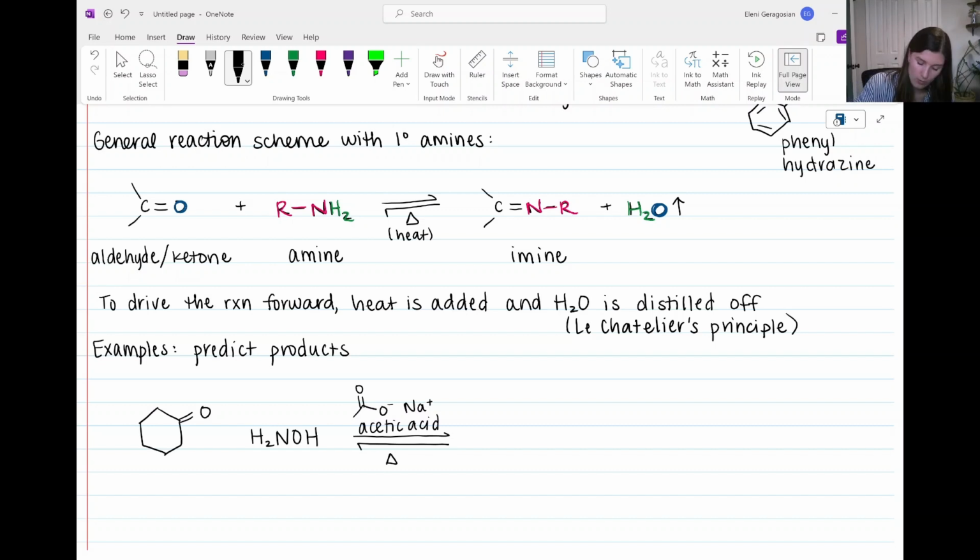We'll talk about why after a couple of examples, but this is a buffer solution with a pH of 5. So a buffer solution is a solution that can keep a pH pretty stable. So our reagents here, we have a ketone on a cyclohexane ring, so cyclohexanone. And then we have an amine where that nitrogen's bonded to an OH group. So this is a hydroxylamine.